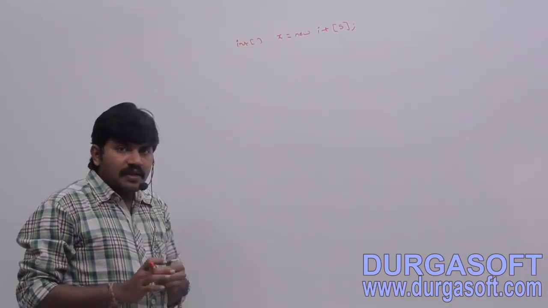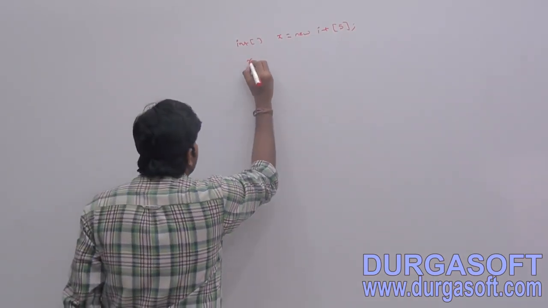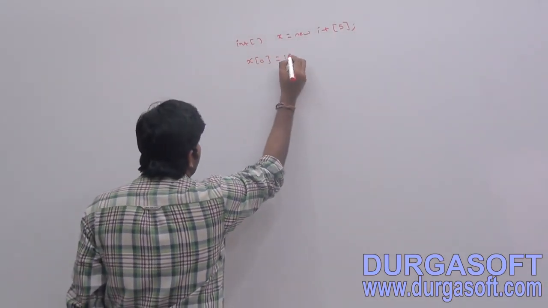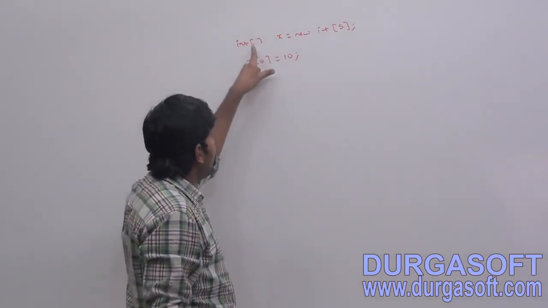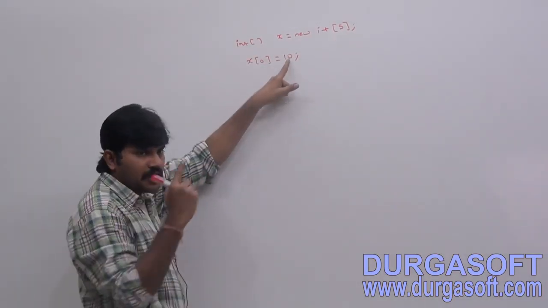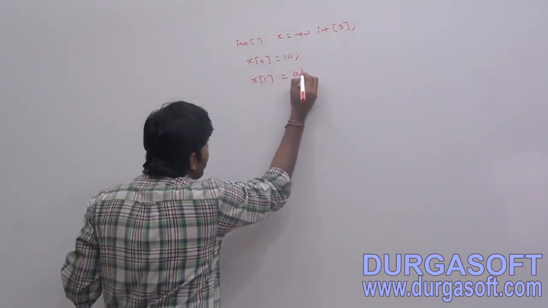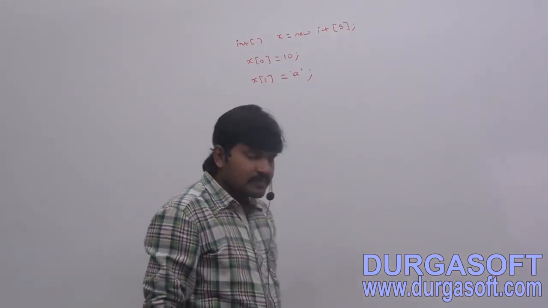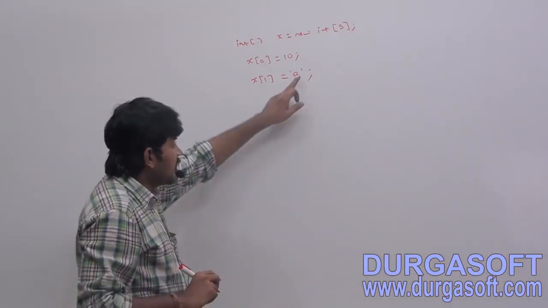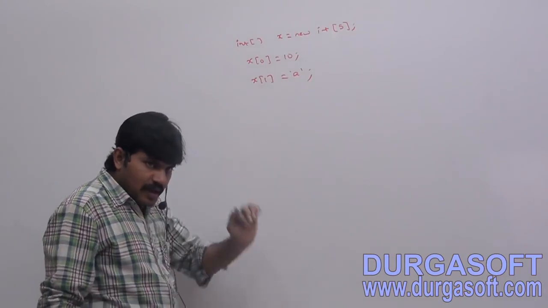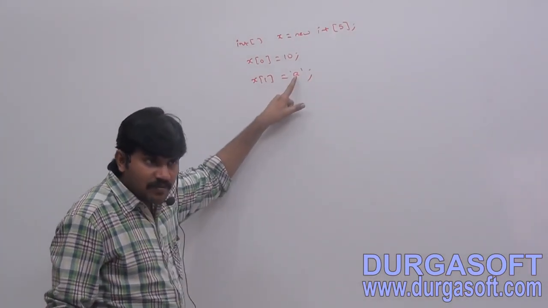For this array, I want to provide values. x[0] = 10: valid or not? Valid, because it is an int array and you are providing an int value. x[1] = 'a': valid or not? 'a' means what? Char. In the place of int, char, possible or not? Yes, no problem. Then which value will be saved?